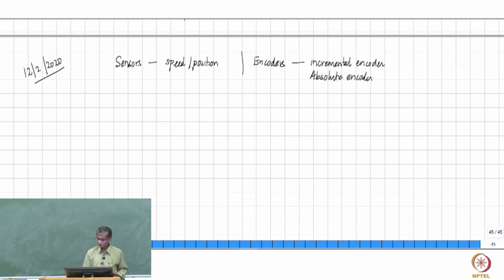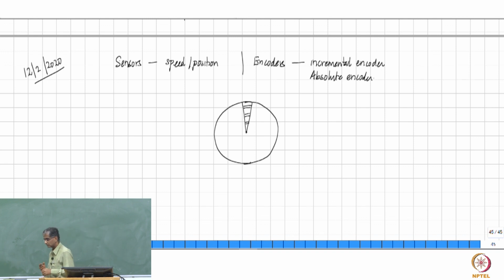The absolute encoder, so if you have a disk and you're looking at a certain angle, then you have slots that are located at certain distances, which then serve as a means of encoding the angle information.